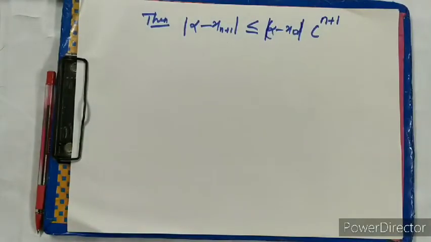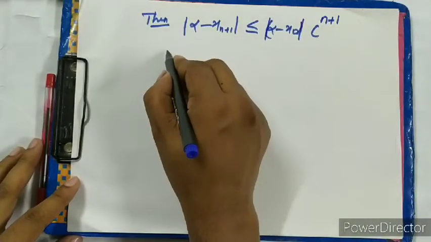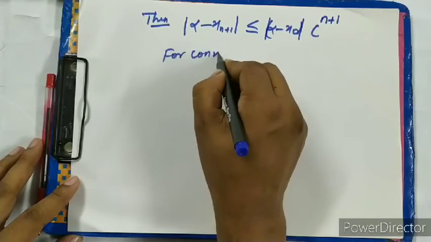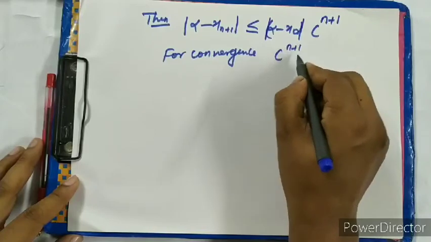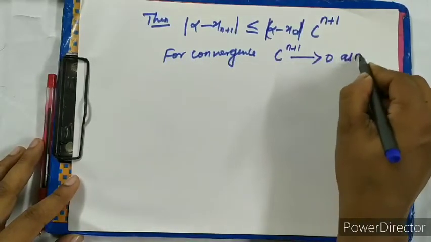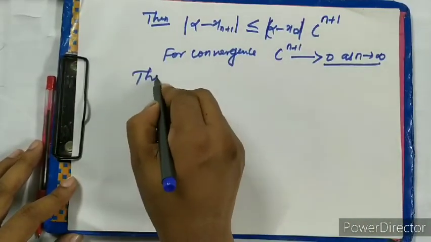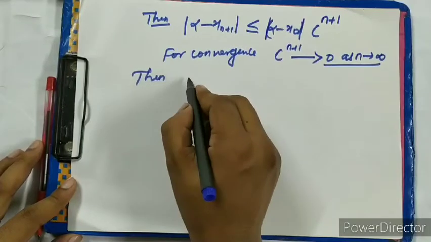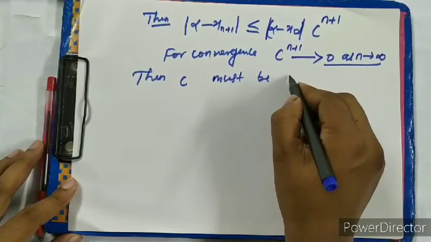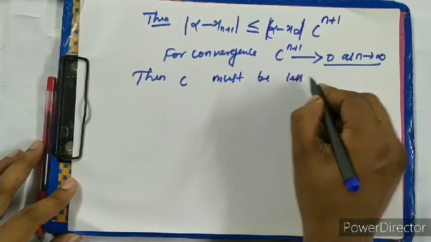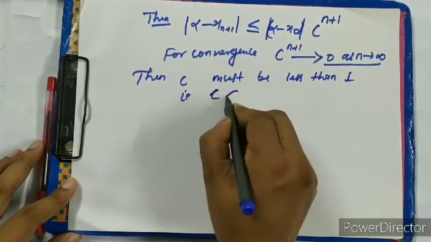So for the convergence, what we have to do? For convergence, c to the power n plus 1 must tend to 0 as n tends to infinity. Then c must be less than 1, that is c less than 1.